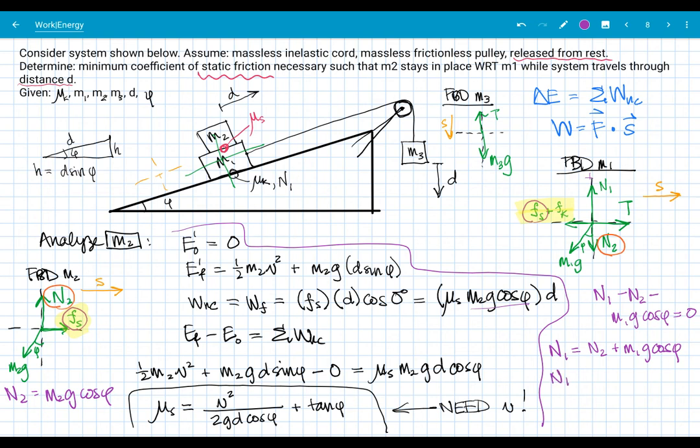So N1 is equal to M2 g cosine phi plus M1 g cosine phi. So we can rewrite that as (M1 plus M2) g cosine phi.